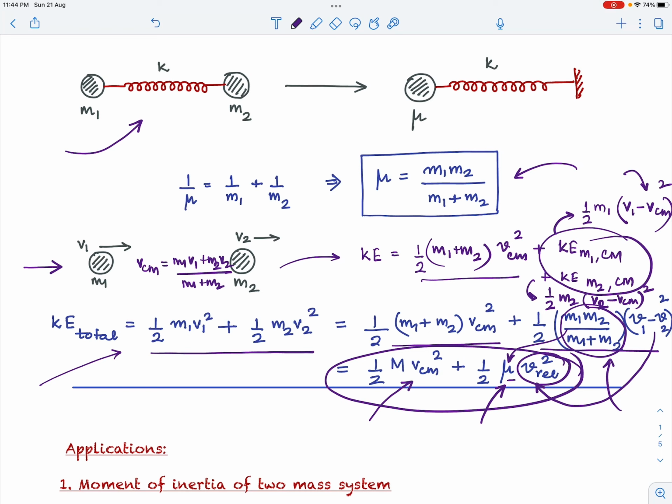If you go by the usual method, what is the procedure that you follow for such questions? You first consider the two blocks to be connected together with a spring, which creates a force that is conservative in nature, so that you can say that the total energy of this system will always be conserved.